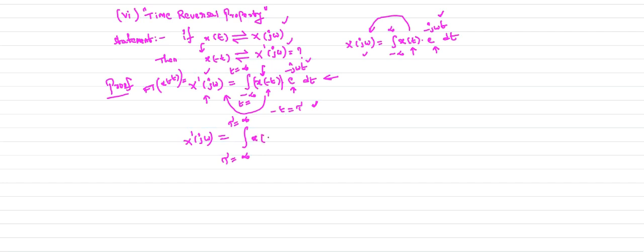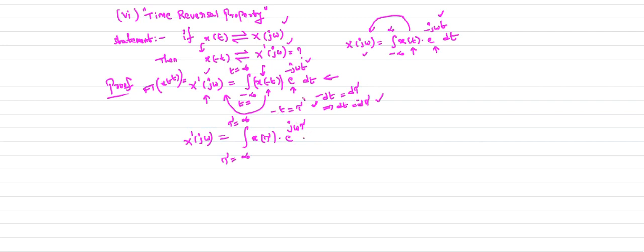Here x of tau e power, so t is replaced by minus tau. Therefore e power minus j omega t becomes e power j omega tau. Now dt is what? Minus dt is d tau, which implies dt is minus d tau.